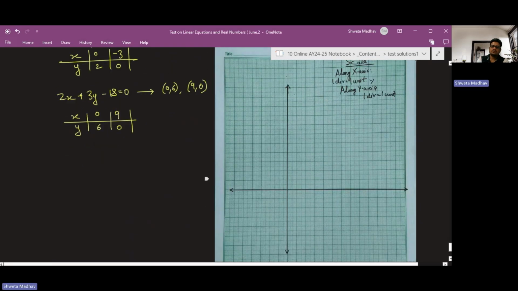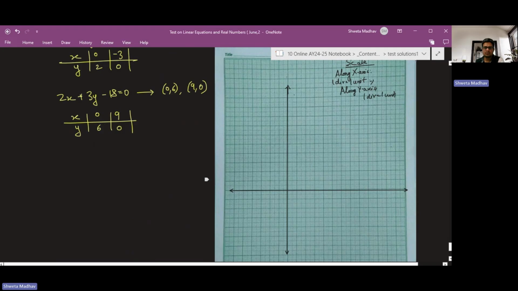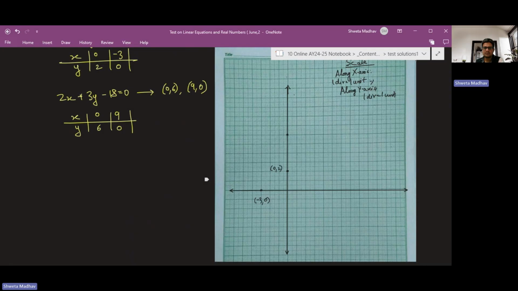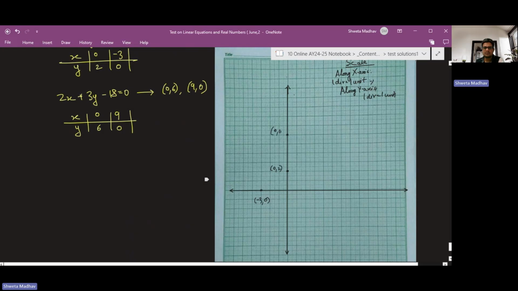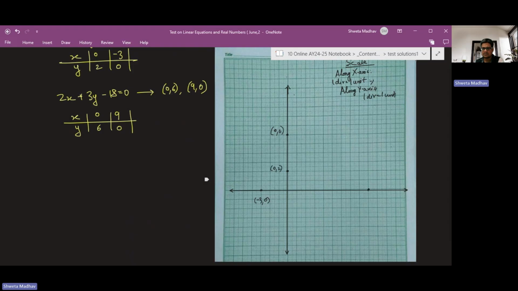Then we will plot 0, 2. 0, 2 will be here. This is the point 0, 2. And minus 3, 0 is this point. And 0, 6 will be 1, 2, 3, 4, 5, 6. This is 0, 6. And 9, 0 will be 1, 2, 3, 4, 5, 6, 7, 8, 9. So this point is 9, 0.